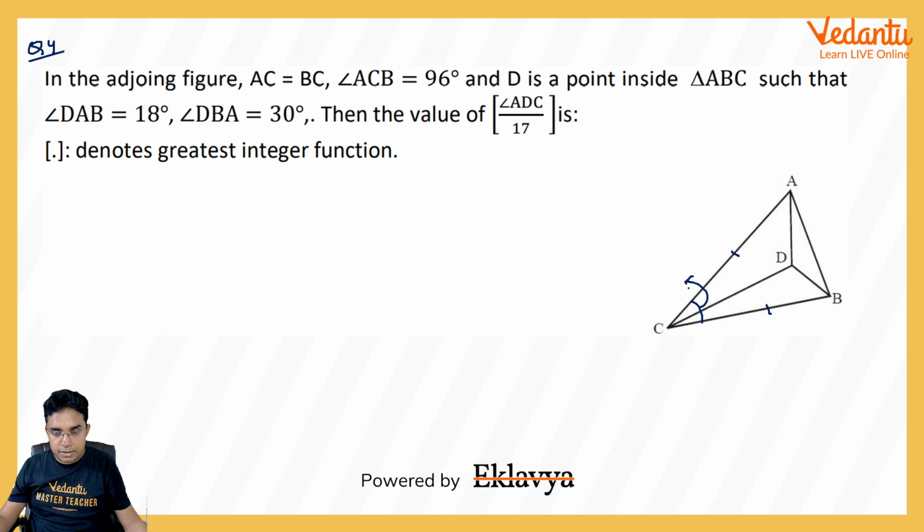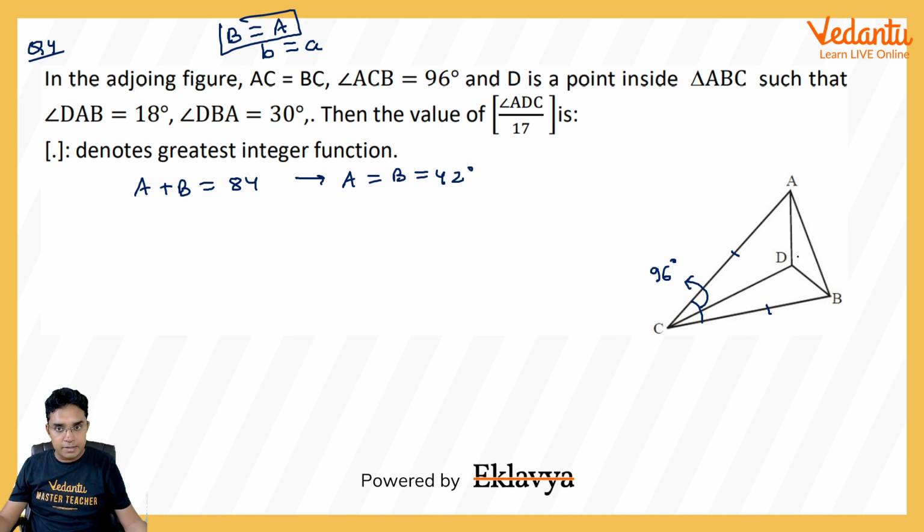Since AC equals BC, angle B will be equal to A. These two angles are the same, and already angle C is 96, so A plus B has to be 84, and because A equals B, A equals B equals 42.